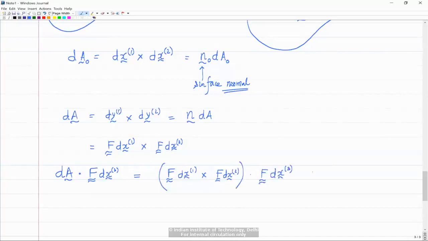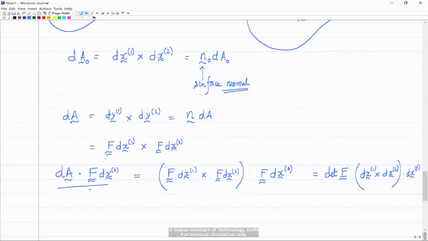And this we just found out is same as det F into dx1 cross product dx2 dot with dx3, right?